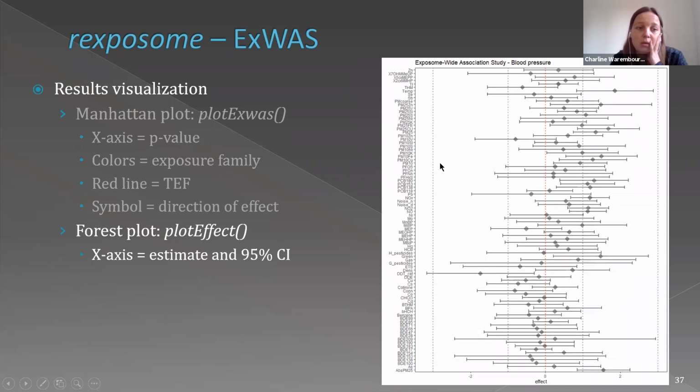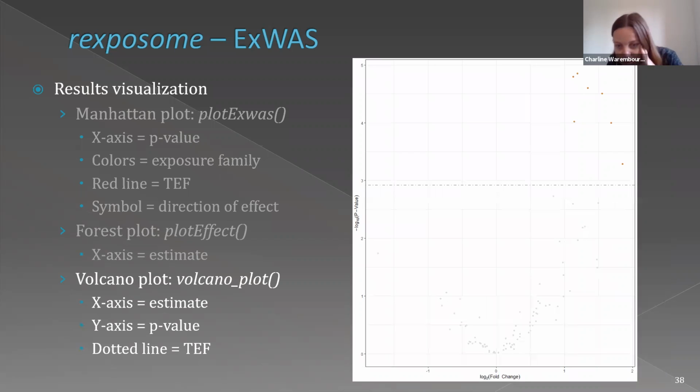to blood pressure in that case. You can also use the plot effect to plot a forest plot, with the estimate and its confidence intervals, and a volcano plot. Sorry, the colors are quite light, but each dot corresponds to one exposure.